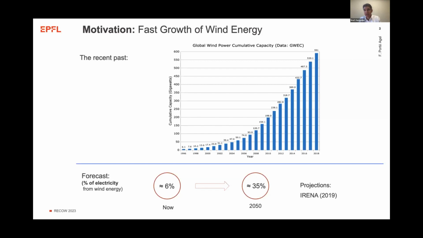This is the total installed capacity in the last few years. Interestingly, it is supposed to grow even faster if we consider the strategic plans that many countries have for renewable energies, and in particular for wind energy.